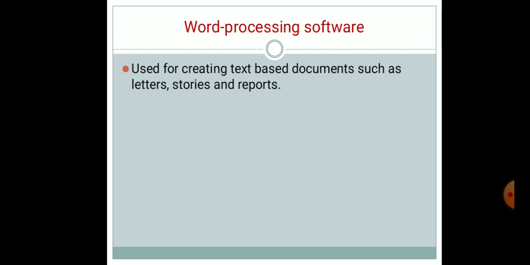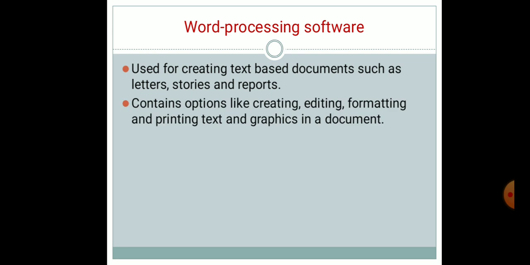Likewise, we can use this word processing software for text-based documents. This software provides options like creating, editing, formatting and printing text and graphics in the document. So whatever we are using in this document, we can create, edit, format and print also.